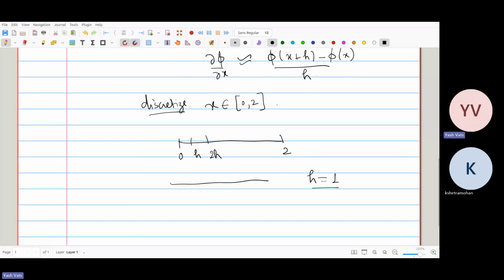So you can consider 0, 0.1, 0.2 up to 2.